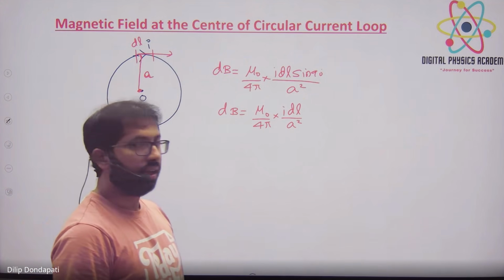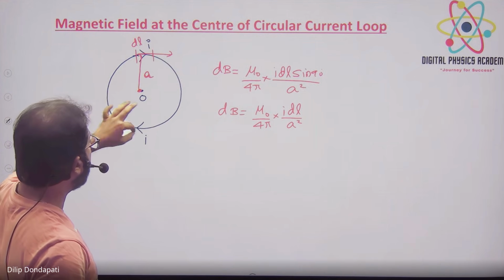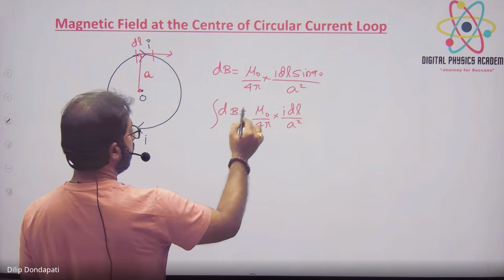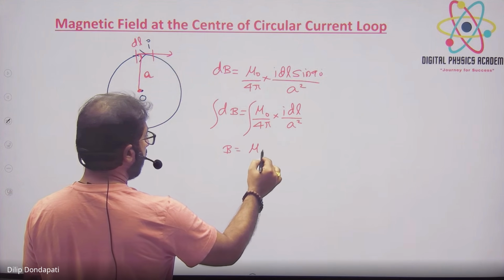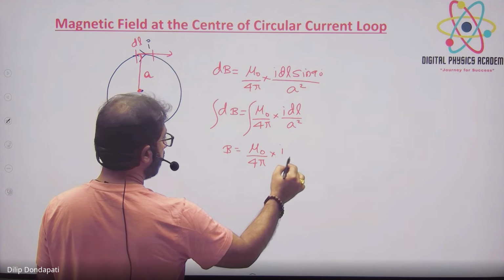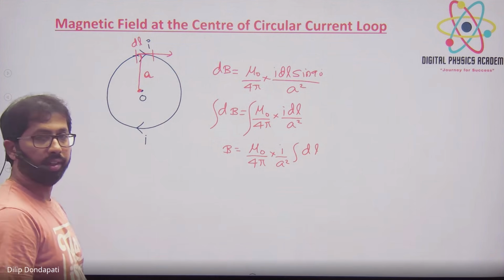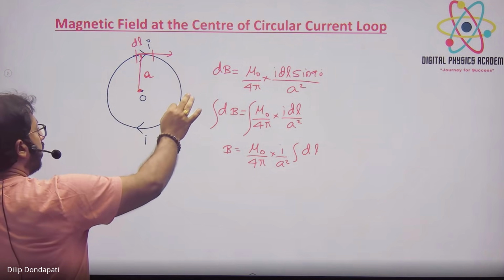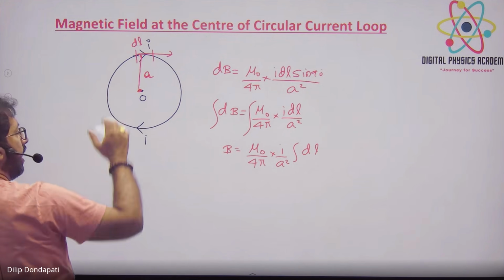Now to get the complete magnetic field we have to integrate both sides. So B is equal to mu naught by 4 pi, I by a square coming outside, and integral dl remains. Integral dl, the addition of the complete length, is the circumference of a circle, that is 2 pi a.